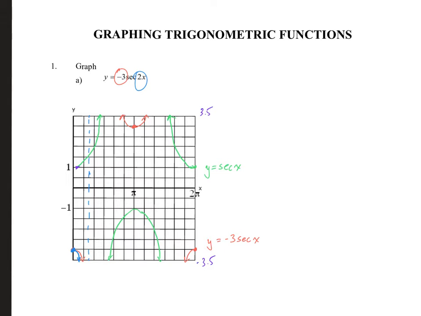Okay, that minimum way up on top of my graph that exists at pi is then going to exist at pi by 2, half the distance, and I get a steep branch. My next asymptote that would have existed at 3 pi by 2 has to be half that distance, so 3 pi by 4.